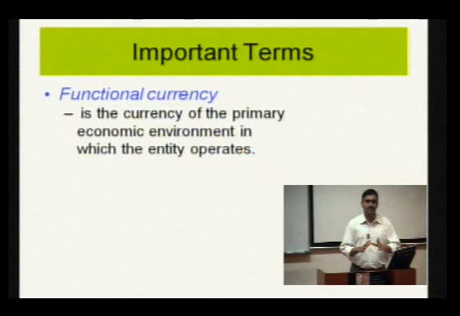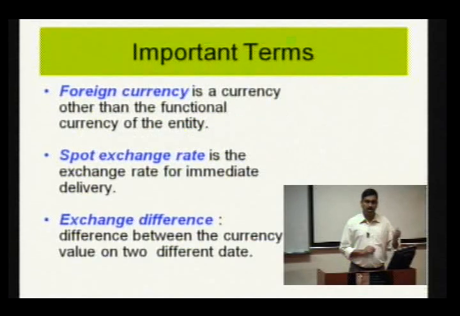In some exceptional cases, the functional currency may be different from the local currency, which we will see a bit later. Any currency other than the functional currency becomes a foreign currency. So if a Singapore company borrows money from a US bank in dollars, then the dollar is a foreign currency. So conversion of dollars into Singapore dollars is an important one.